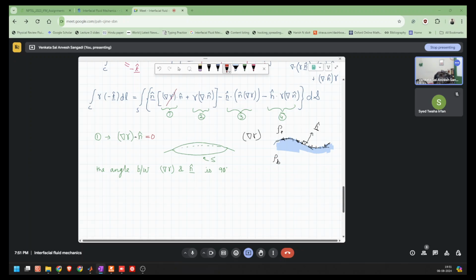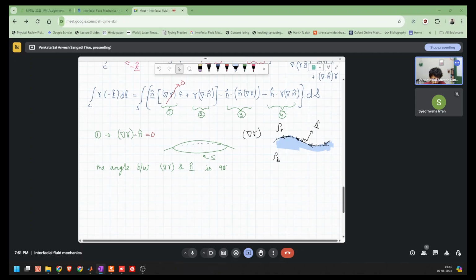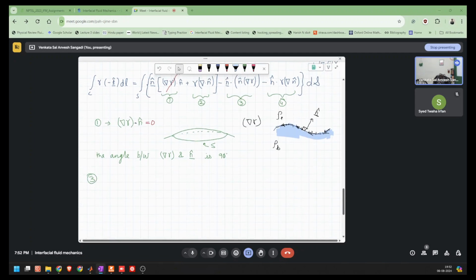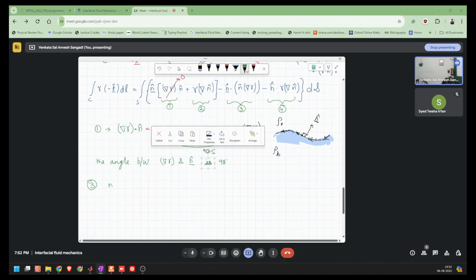Therefore, this term drops out from the equation. Similarly, we look at another term here, which is number 3. I'll just copy it from here.